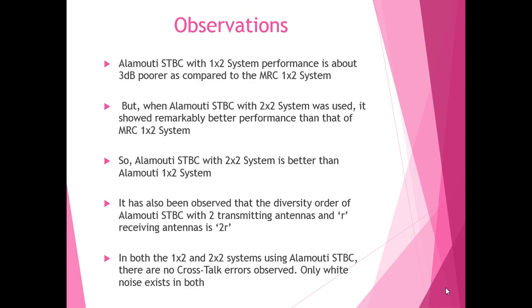So the Alamouti STBC 2x2 system is much better than the Alamouti 1x2 system. It has also been observed that the diversity order of Alamouti STBC with 2 transmitting and R receiving antennas is 2R. And also, in both the Alamouti STBC 1x2 and 2x2 systems, there are no crosstalk errors. The noise in both cases is basically white noise.